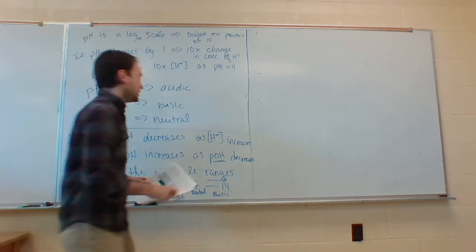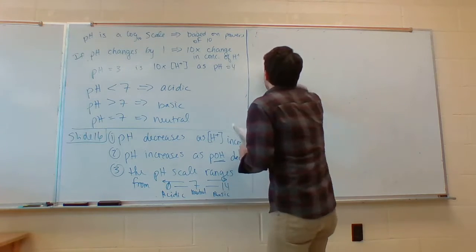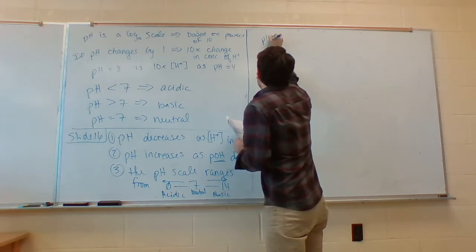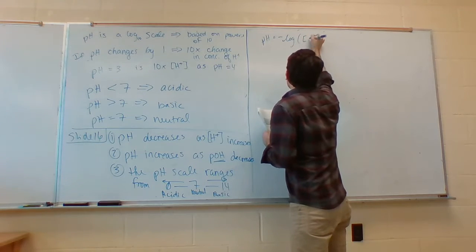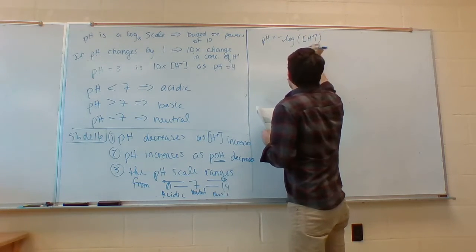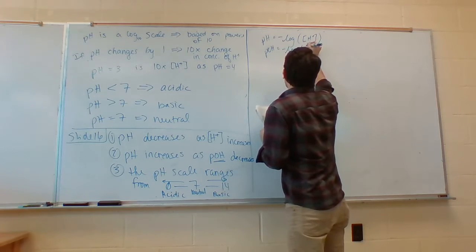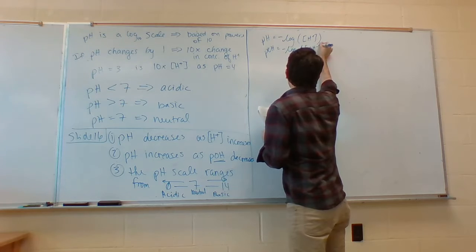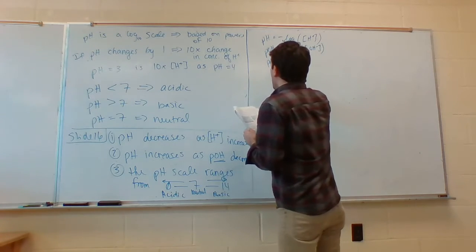All right? If I were to summarize some of the points in this section, what I would say is you need to know that your pH is equal to the negative log base 10 of your concentration in H+. You need to know your pOH is equal to the negative log base 10 of your concentration in OH minus, right? You need to know your definition for pKa.